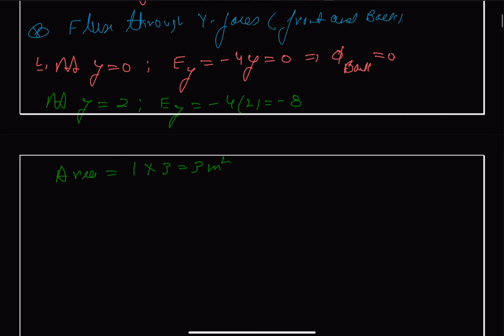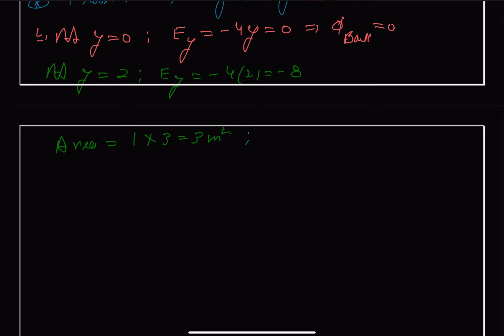Therefore our flux at the front will be equal to minus 8 multiplied by 3, which is minus 24.